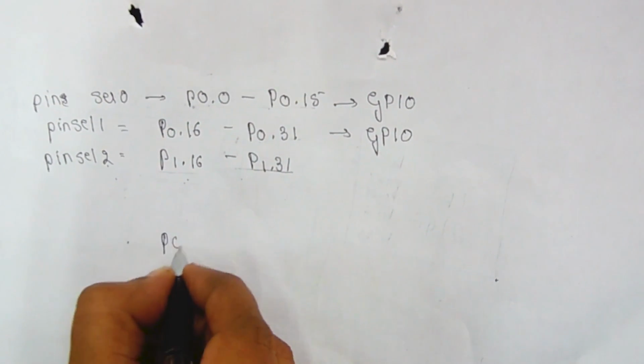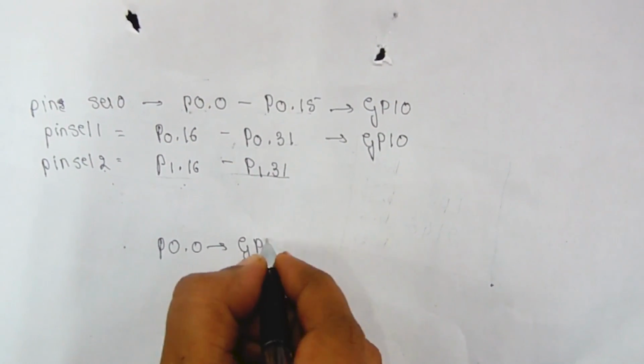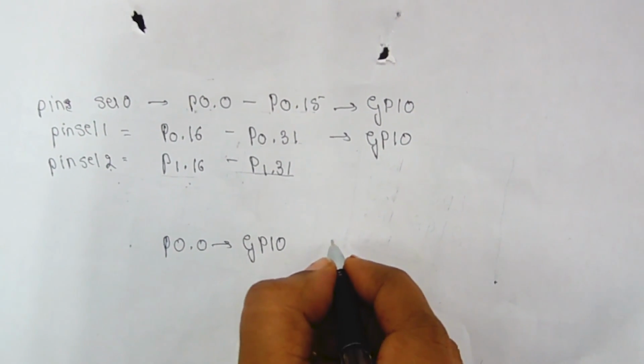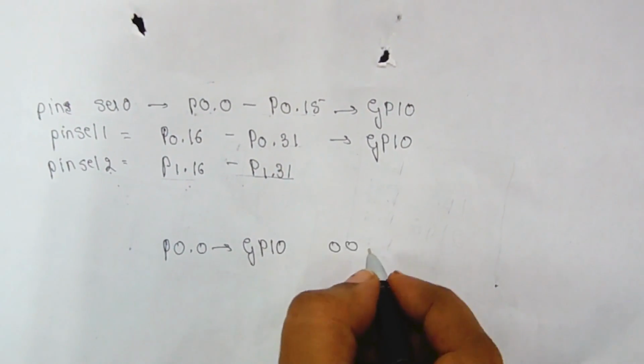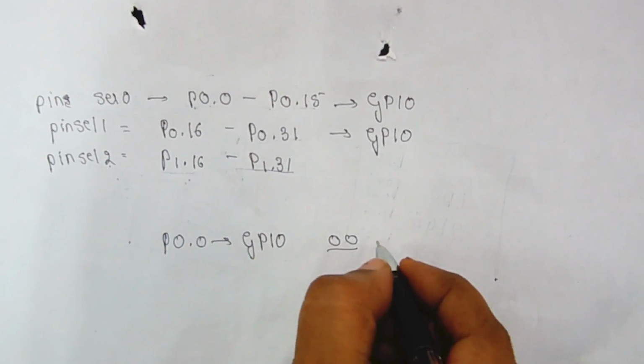If we want to configure port 0, pin number 0 to perform GPIO function, then we have to make this pin 0, 0. So each pin has 2-bit configuration.